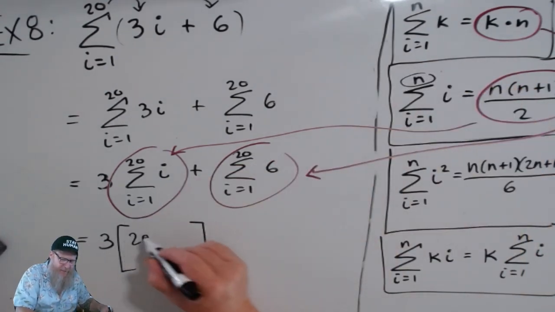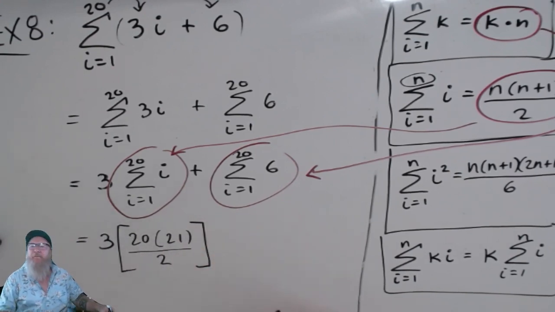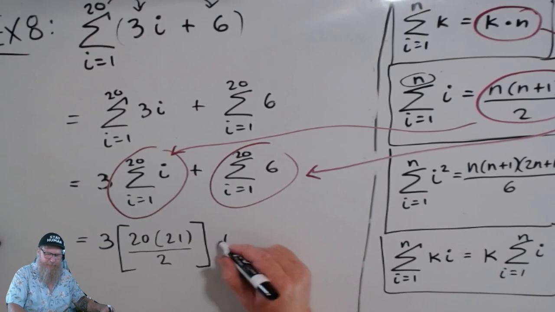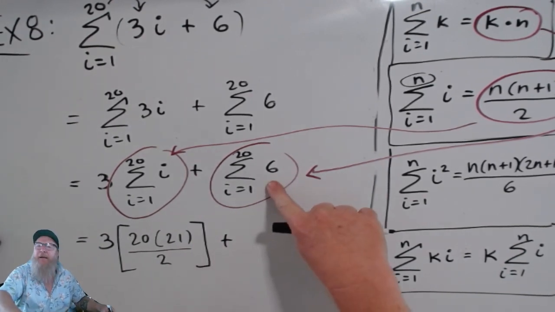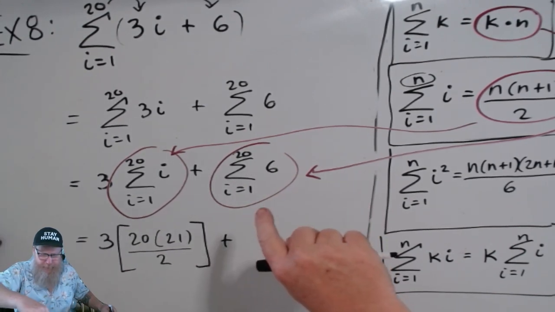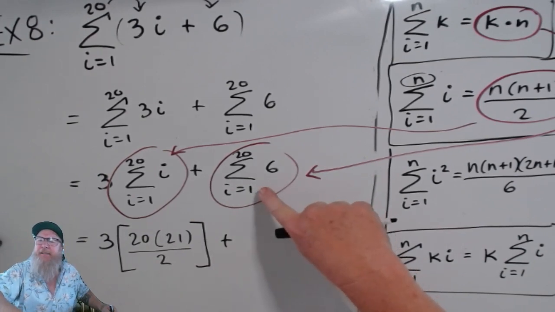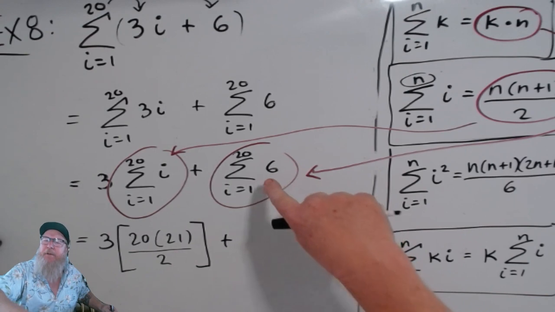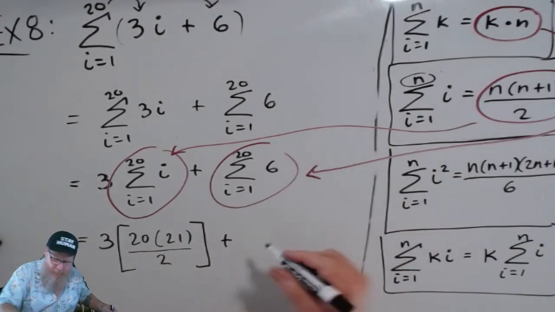So it's 20 times 21 divided by 2. And then for this one, the formula for a constant: this is like saying 6 plus 6 plus 6 plus 6, 20 times. Well, that's just 6 times 20.